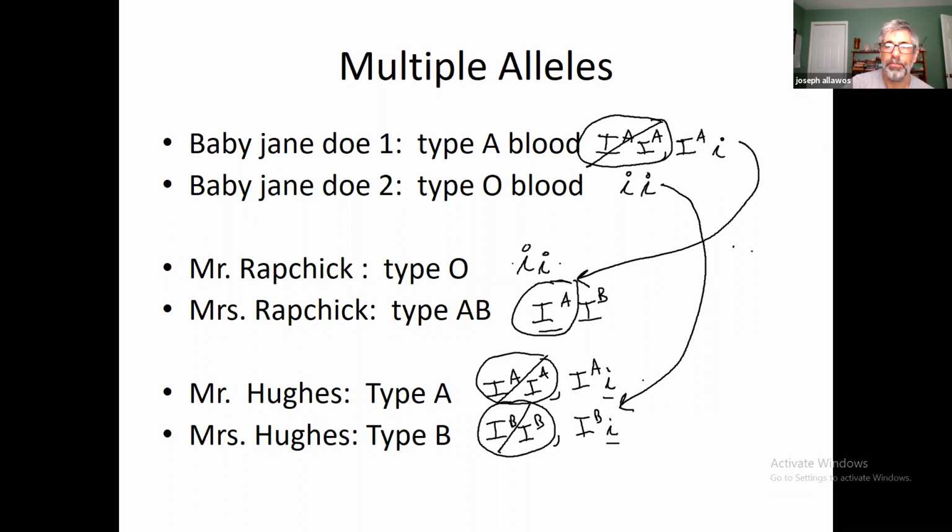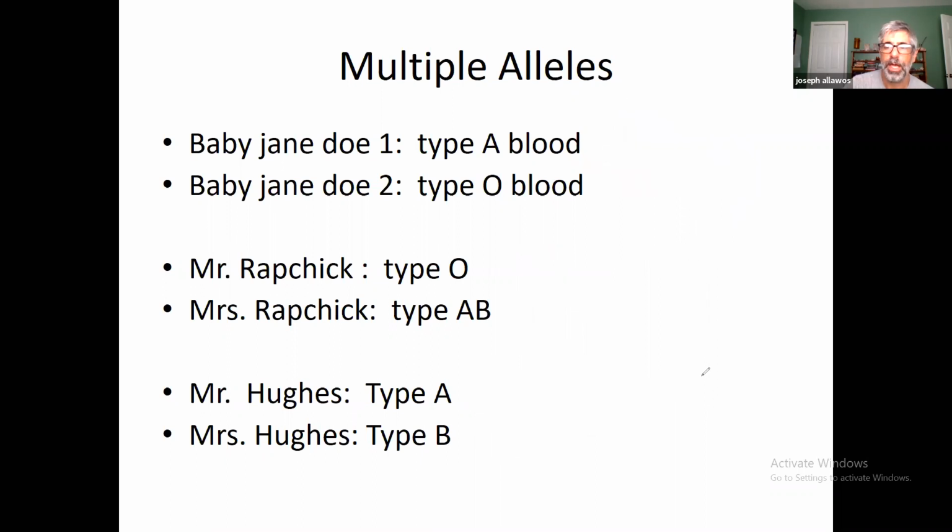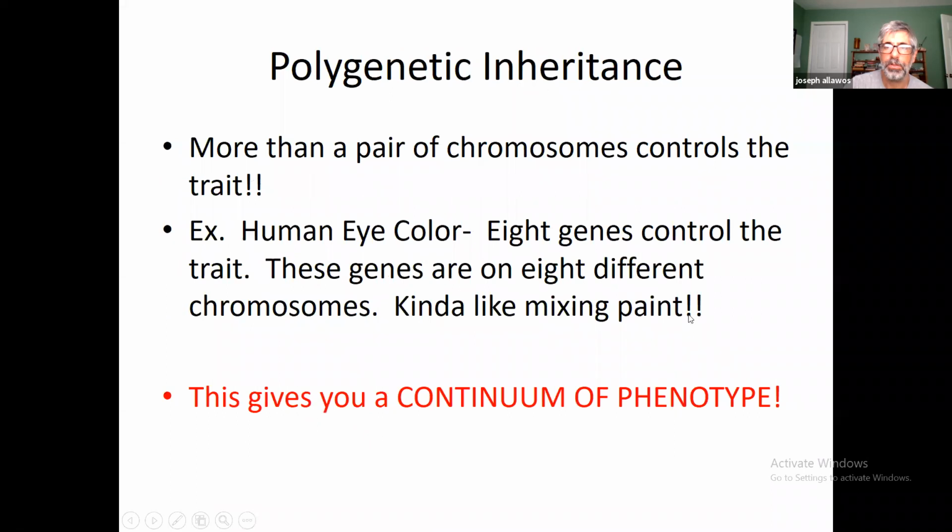So we've done well. We've made it through most of the types of problems. And I would encourage you to start looking at those sheets, because you can work any of the problems except for the ones dealing with polygenetic inheritance, which we won't get to in this video. We'll do it on the next video.